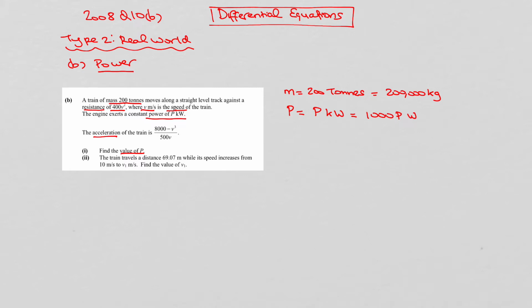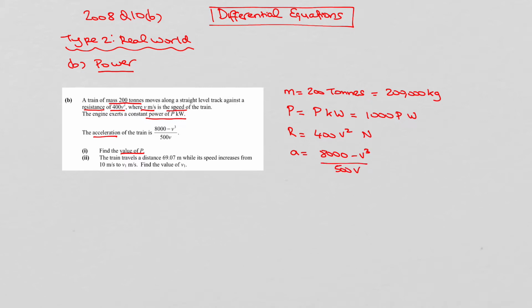We have the resistance of 400 v squared, and that'll be in newtons because resistance is a force. And we also know the acceleration is (8,000 minus v cubed) over 500 v.